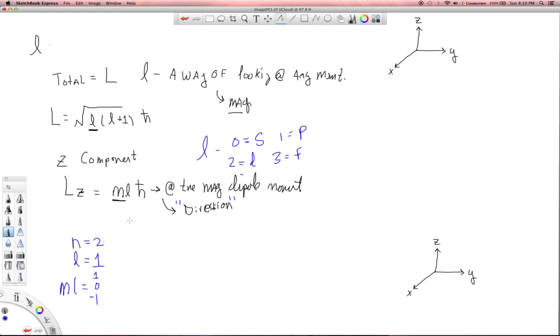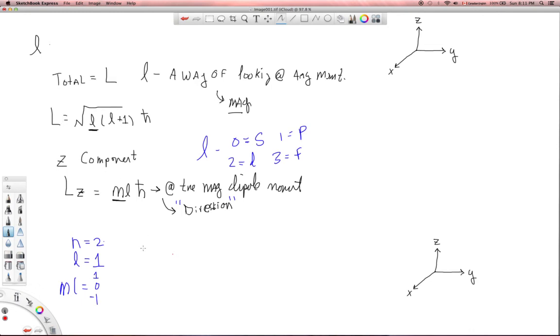Now I want to run through some basic math and see if we can make some sense of this. Let's go ahead and find the magnitude of the angular momentum.